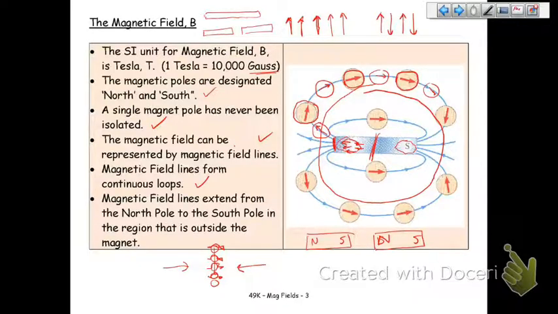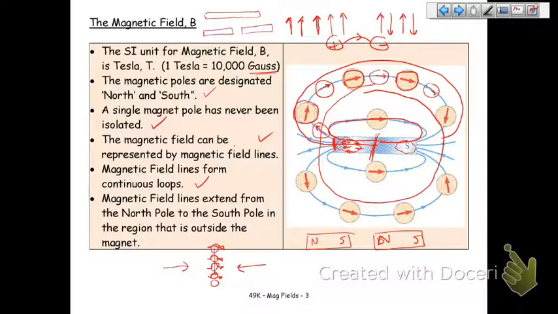Actually, these field lines go all the way through the material and back again. So it turns out they are continuous loops, whereas for electrostatics, they definitely started on the positive and ended on the negative. These are continuous. So that's kind of interesting.